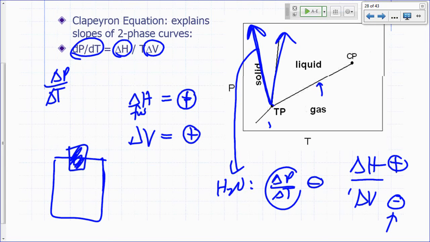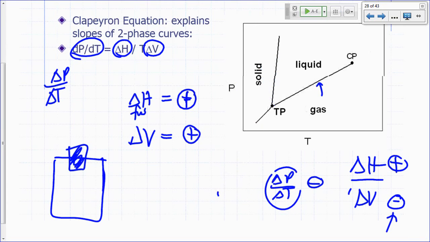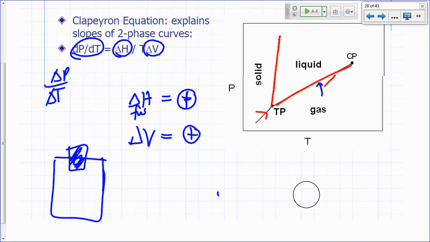Okay? Now, why is the slope much steeper for this as opposed to this? The slope of your curve, delta H over T delta V, right?